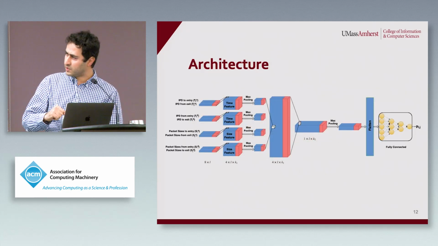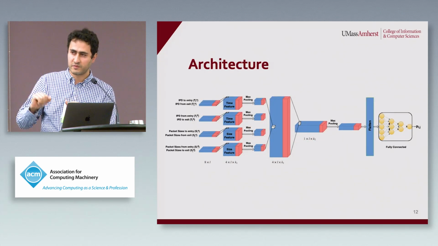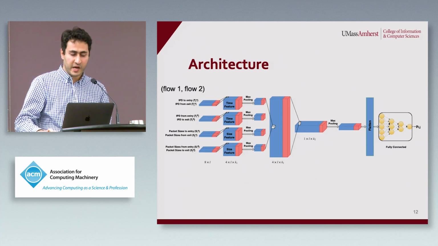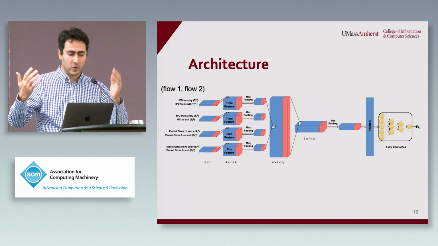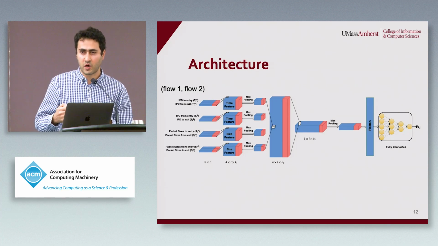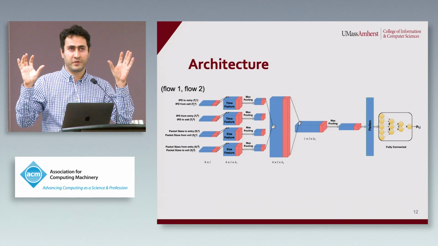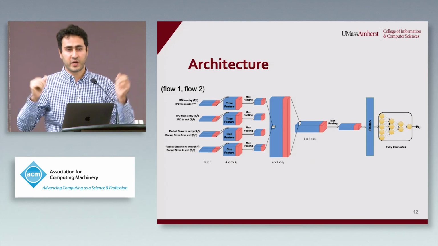And this is the architecture. I'll just give a brief overview of how it works. Suppose you have two suspect flows, flow 1 and flow 2, and you want to see if they are correlated. Correlated means they're probably the ingress and egress parts of the same connection.